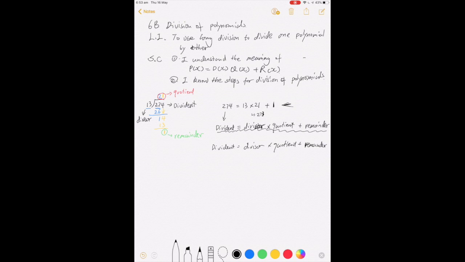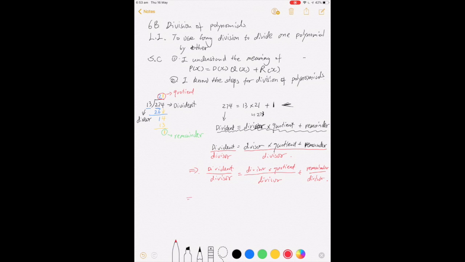Now let me divide both sides of this equal sign by the divisor. This whole thing is divided by the divisor as well, and eventually I get dividend divided by divisor equals divisor times quotient divided by divisor, plus remainder divided by divisor.